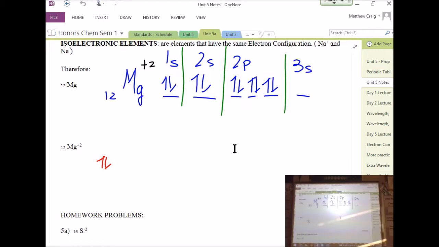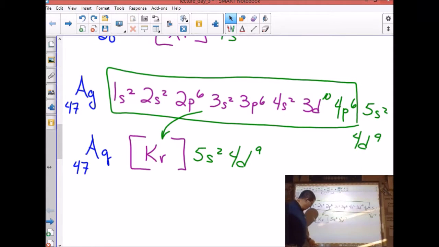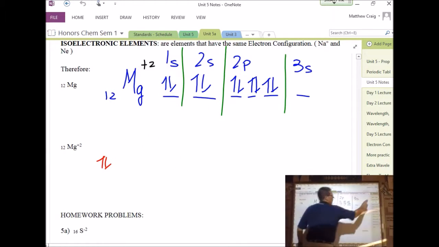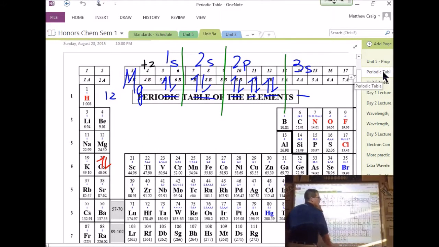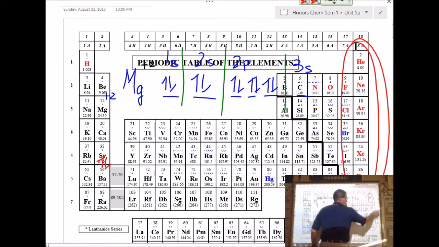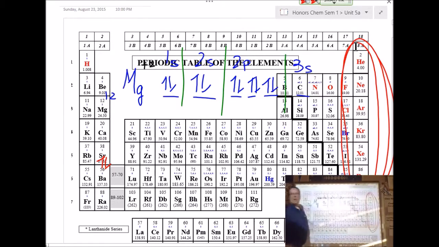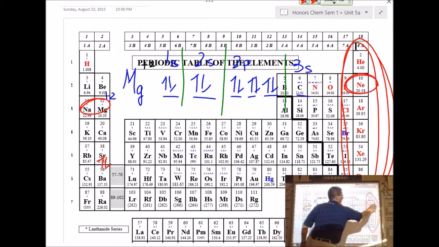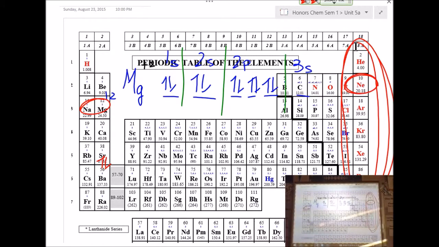And as a real quick check, let's go to the periodic table. All of these will have the same electron configuration as one of those noble gases. So like if I look at magnesium and it loses 2 electrons, it'll have the same configuration as neon. Isn't that cool? So let's say that we have oxygen.